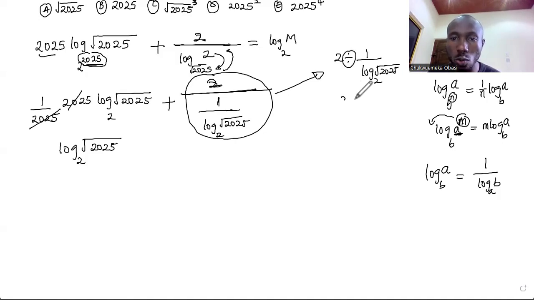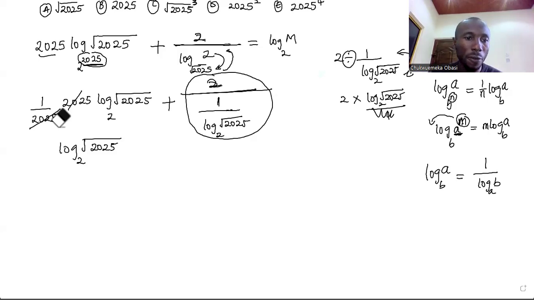So that becomes 2 times, and you now invert these when you change division to multiplication. So you have log square root of 2025 base 2 all over 1. It doesn't really matter to say over 1, so we just have 2 log square root of 2025 base 2. Does it make sense? So guys, let me clean up some part of this screen so we can move further. Yeah, perfect.